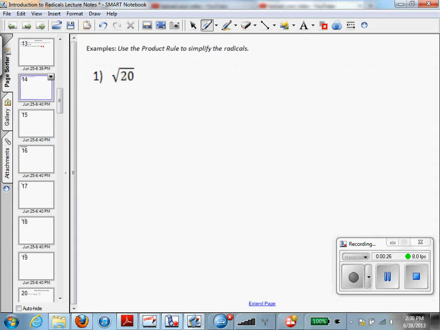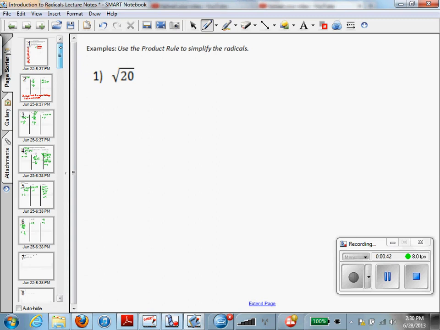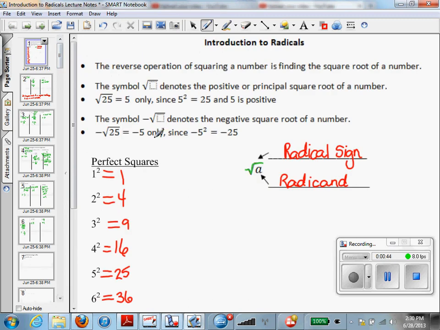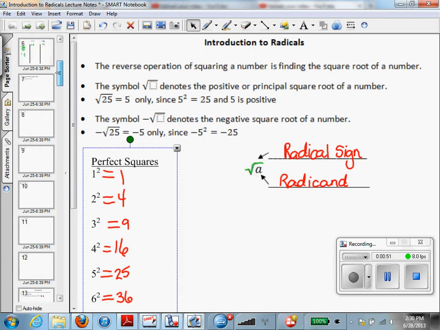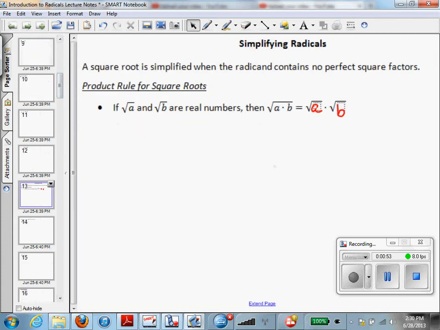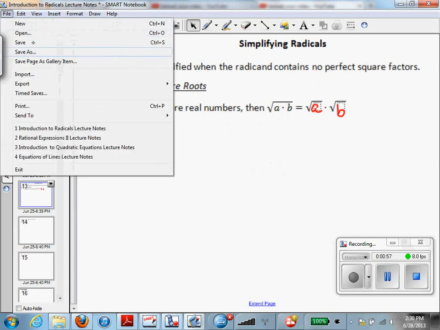Okay, now let's apply that with examples. Use the product rule to simplify the radicals. So looking for the perfect squares, if we refer back to our original video here, let me copy and I'll go to where we were, and I'll paste these in as a reminder.